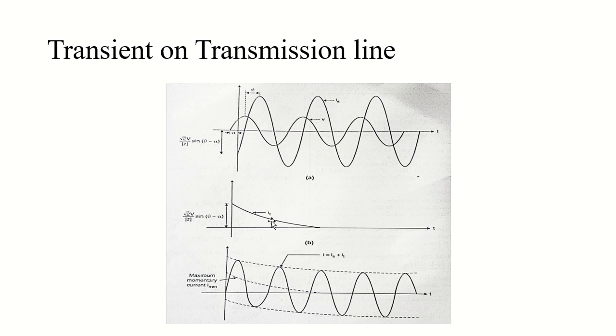So based on that we are getting this curve, and this is my transient current. And when we take all three of them and add them, we will get the resultant, or my fault current I, which will be the addition of the steady state current and the transient current, and it will look like that.